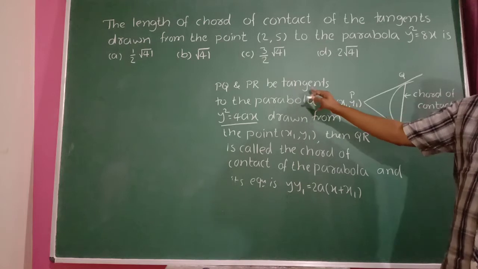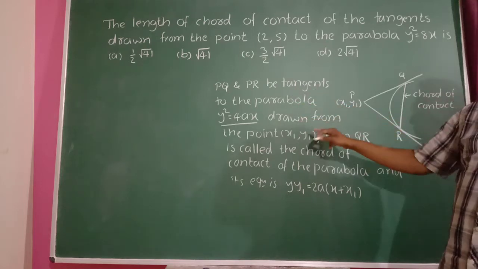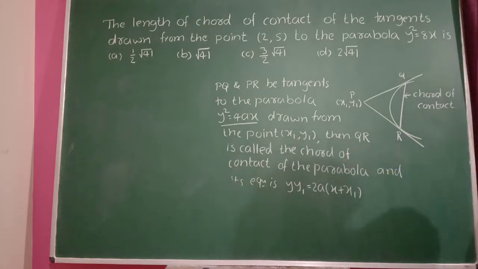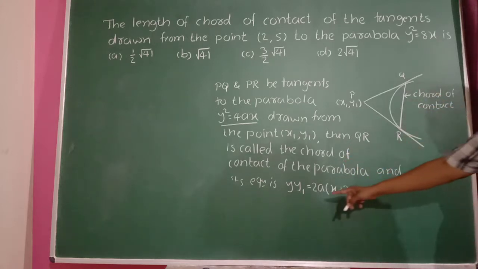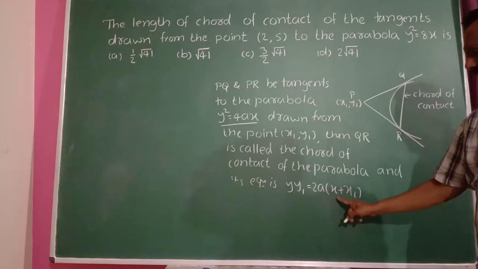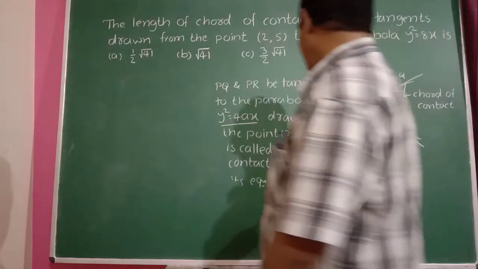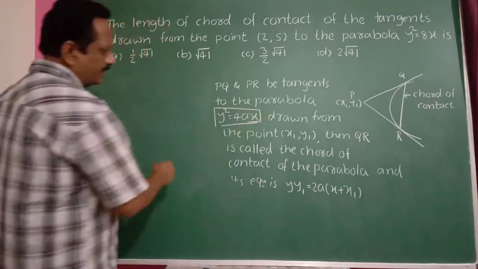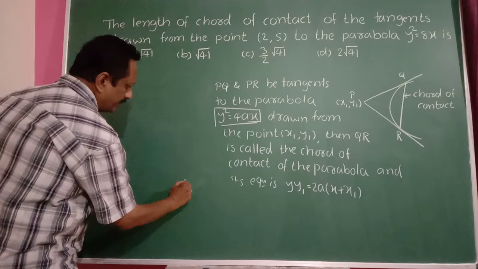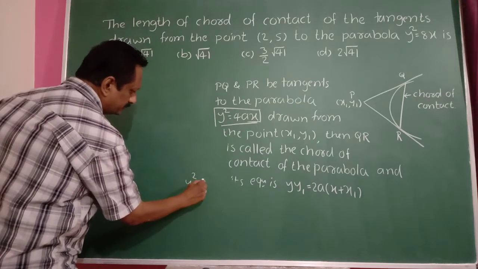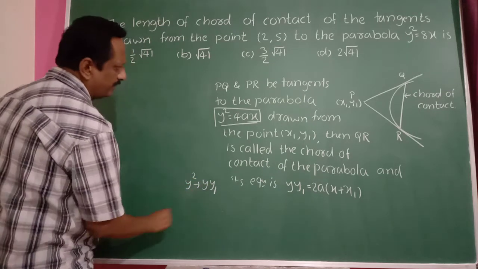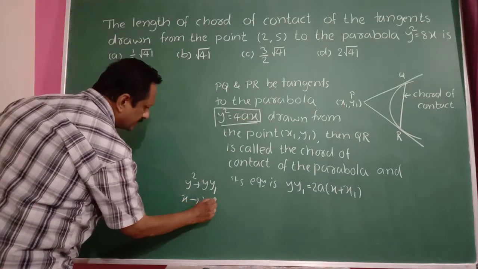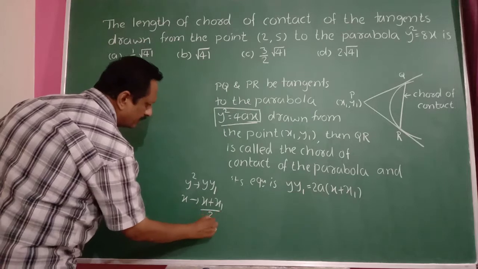Hence, if PQ and PR are tangents to the parabola drawn from the point (x1, y1), then QR is called a chord of contact of the parabola, and its equation is y y1 equals 2a into (x plus x1). It is a very simple method. This is the equation of the parabola. We just replace y squared by y y1, and replace x by (x plus x1) divided by 2.